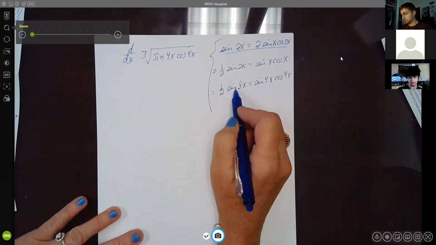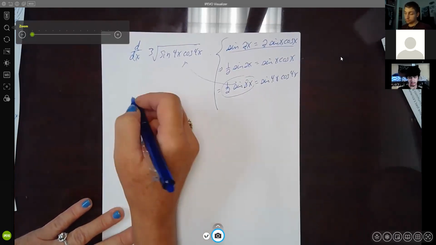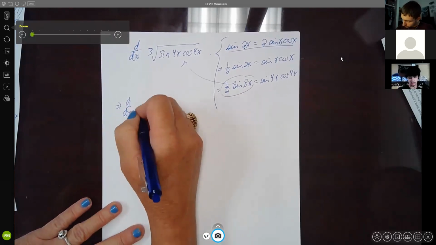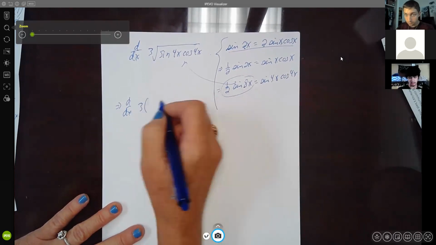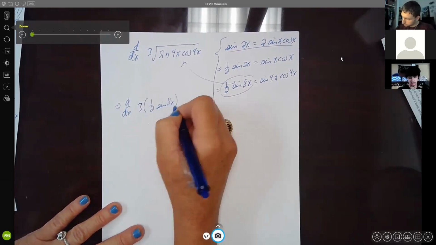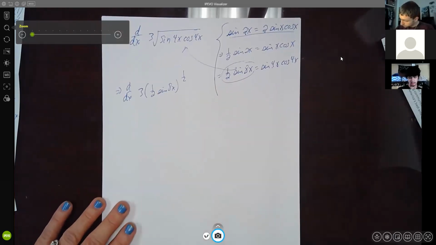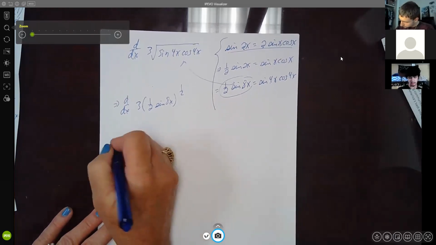In any case, I'm going to now sub this into here. That would imply d/dx of 3 times the quantity 1/2 sine 8x to the 1/2 power. Now it's a basic derivative. That would be what?